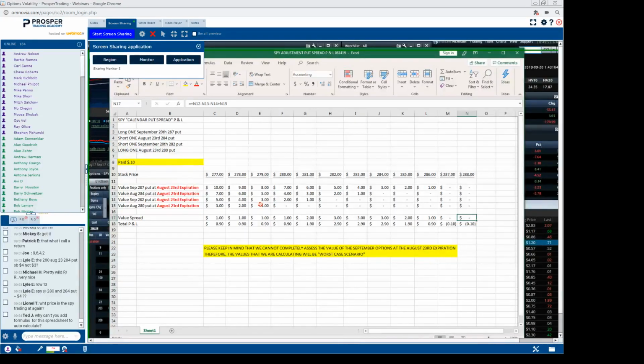It does auto-calculate. I mean, I can add that in, Ted, but every one I do is different. Every time I use this spreadsheet, it's different.